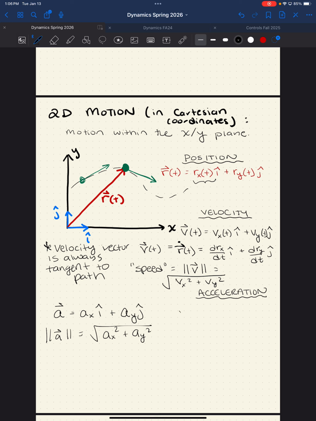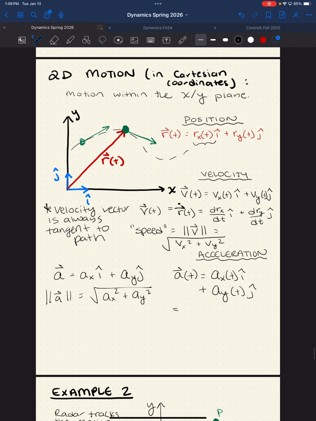Okay, acceleration, also a function of time. a_x(t) in the i hat, plus a_y(t) in the j hat.